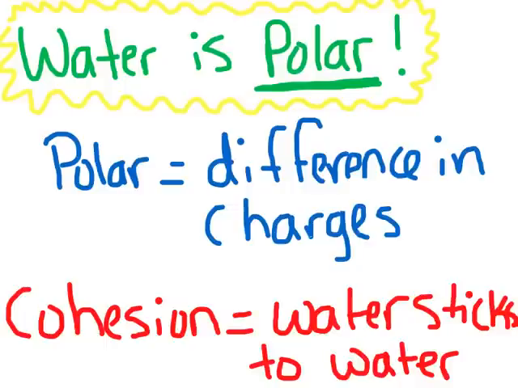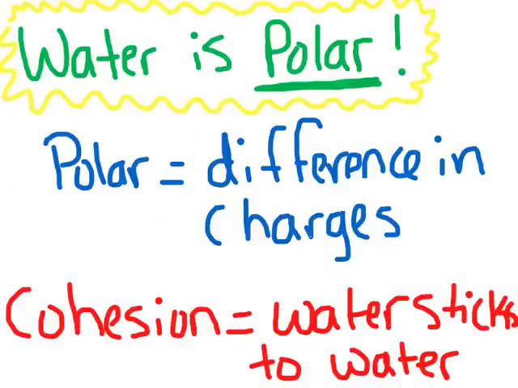Okay, let's take a quick recap of what we've talked about today in our flipped lesson. We learned, first of all, about the chemical structure of water. Water looks like Mickey Mouse. Remember, we have two hydrogens at the top, which are the ears, and the face is our oxygen molecule. Remember, we have a separation of charges, a difference in charges, which means that water is polar.